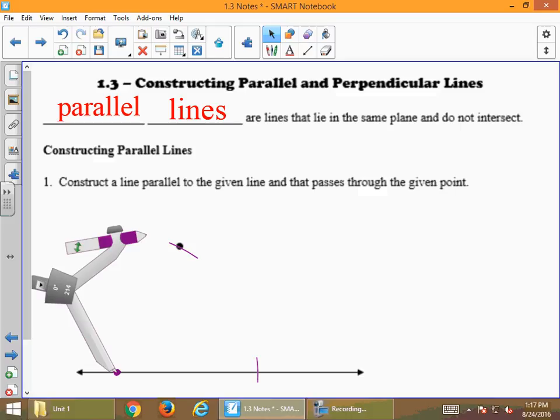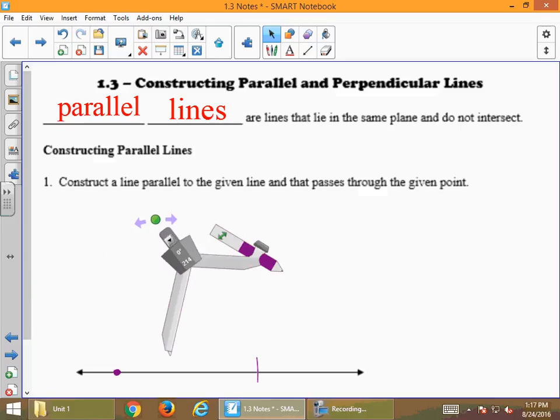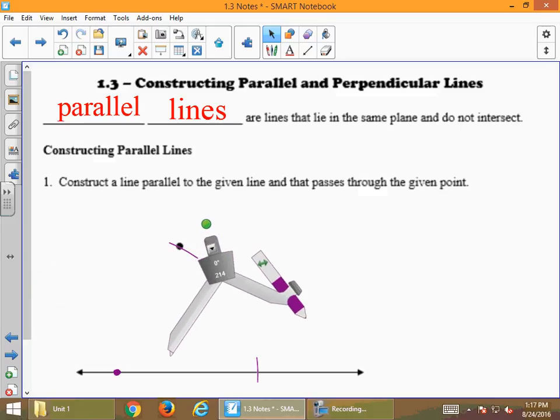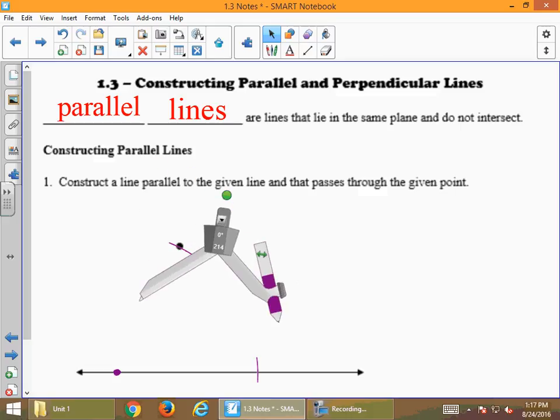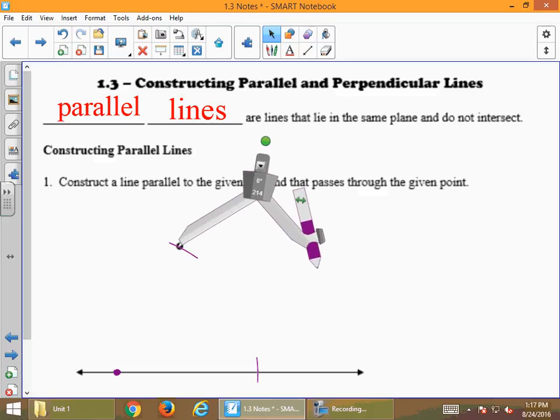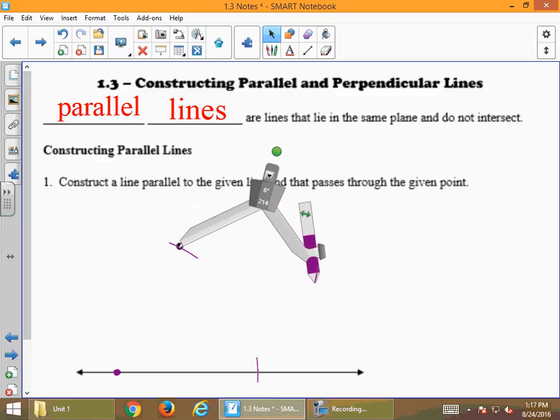Okay, so my compass does not change. But what I'm now going to do is this. I'm going to go to that first mark I made. So move my needle to that first dot up there, and I'm going to make an arc. The arc's going to be over here. So mark it right there. It's a good looking arc. So think about it. If I move my compass up to that first mark I made, where do you think I'm going to move it again?